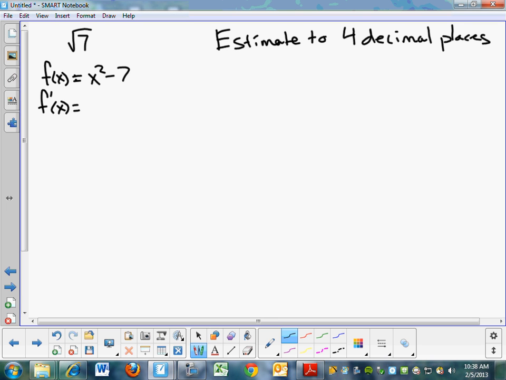You also need to come up with the derivative. What's the derivative? 2x. And you need an initial guess, x sub 0. What number would you like to guess? 2.63? For the next one, we're going to use Derek's guess.